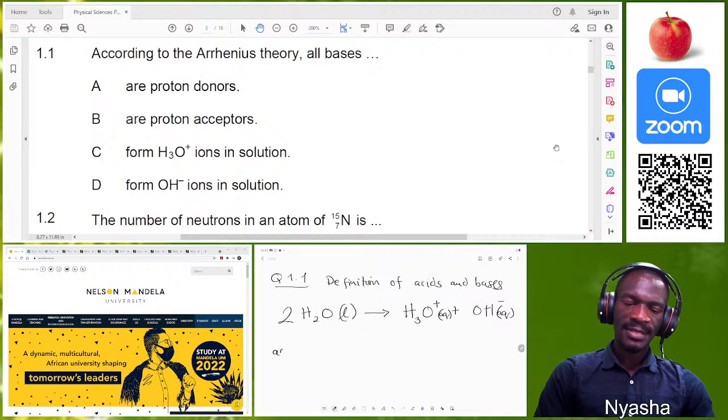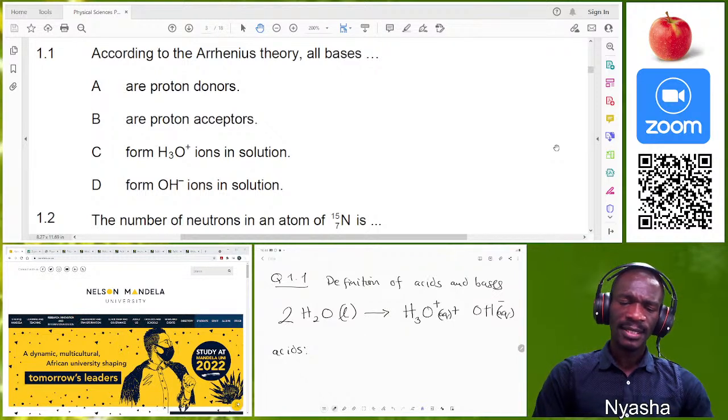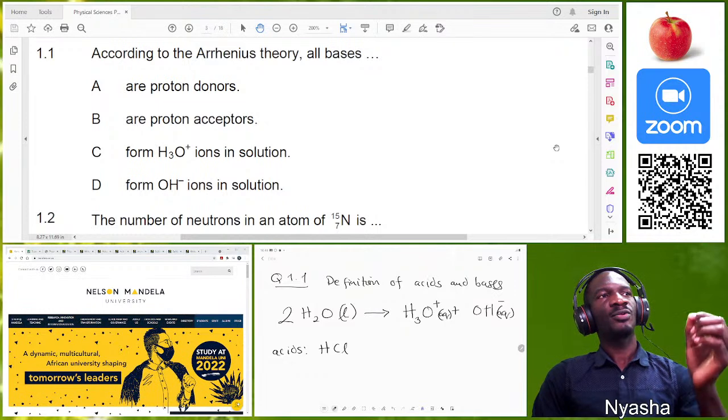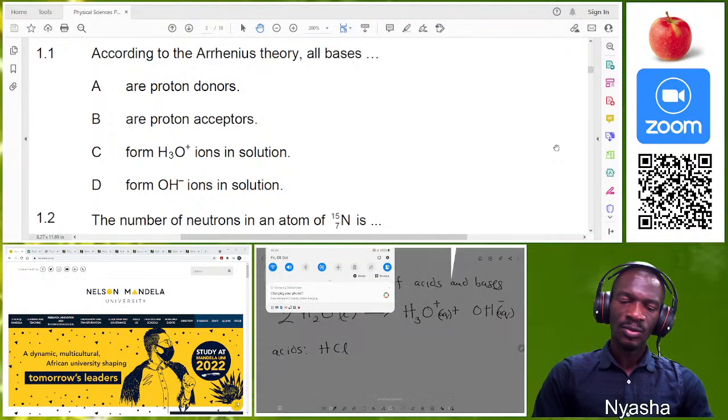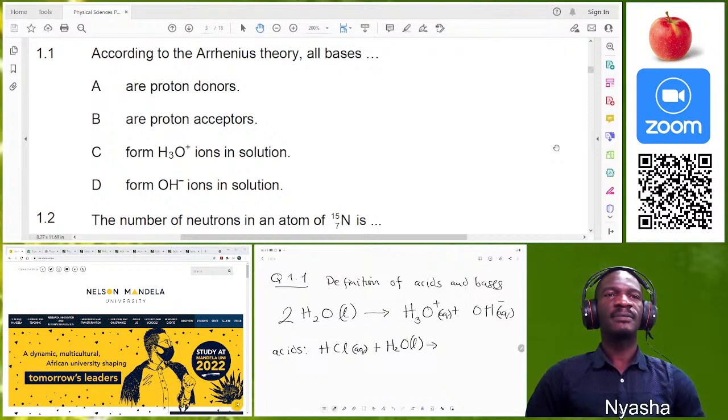For acids, according to the Arrhenius theory, let's take an example of an acid such as hydrochloric acid, and you are adding some water to it. So let's write that we are in aqueous state, and we add H2O to hydrochloric acid.